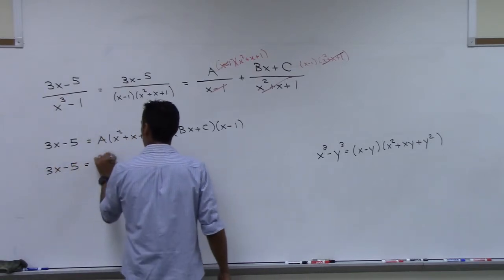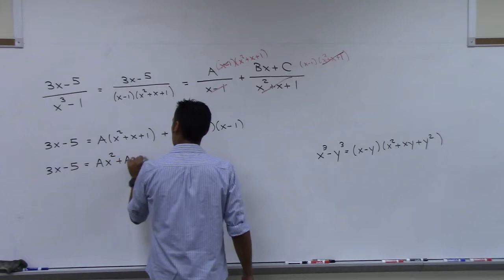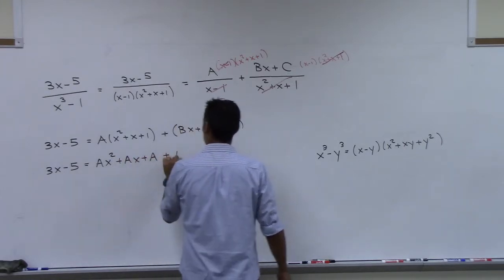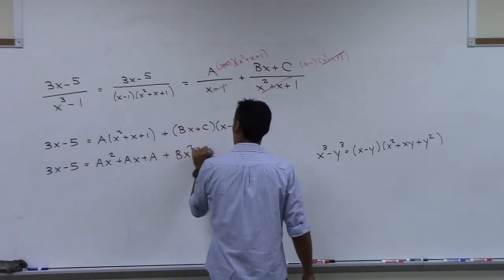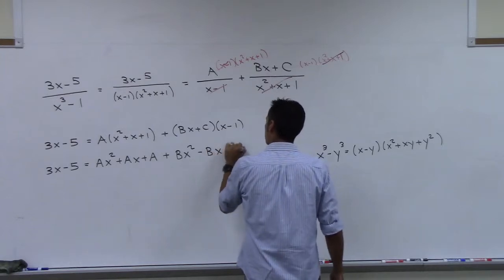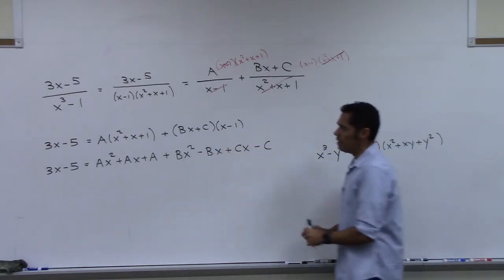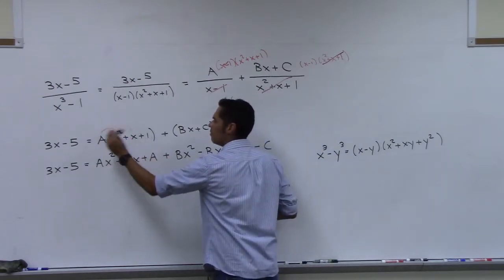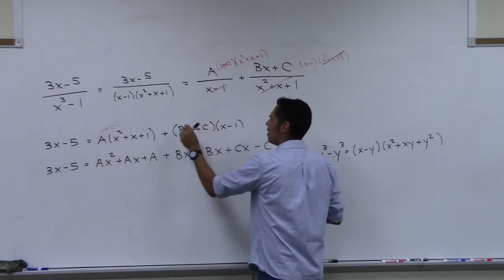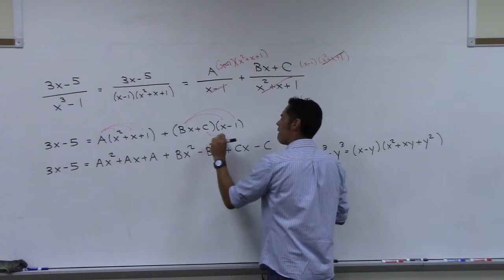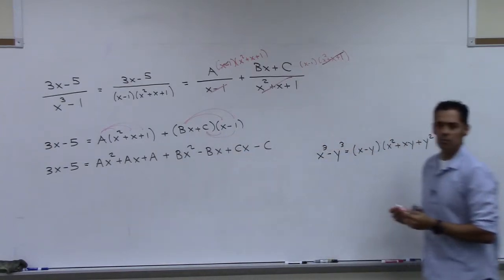Ax squared plus ax plus a plus bx squared minus bx plus cx minus c. So all I did here was distribute. And then here, I foiled.